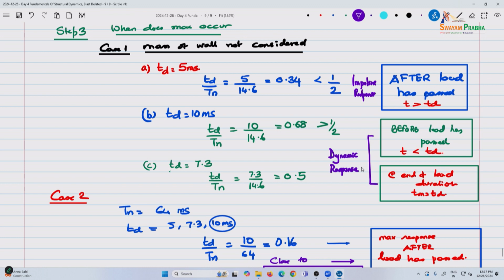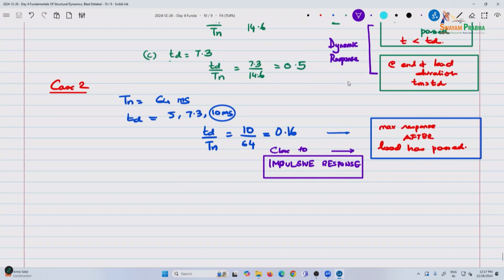So, the response of the structure depends on the ratio of Td by Tn, and it also depends on Td and Tn. So, what are these? I am coming to that in a moment. Next.